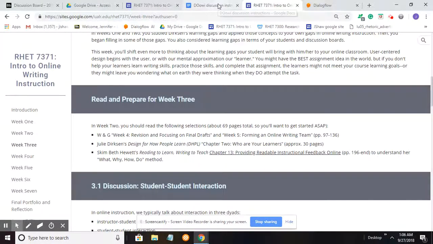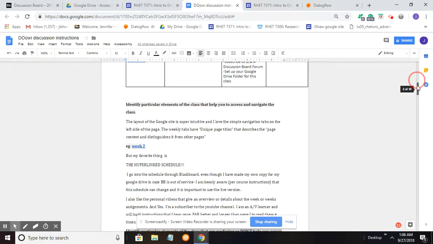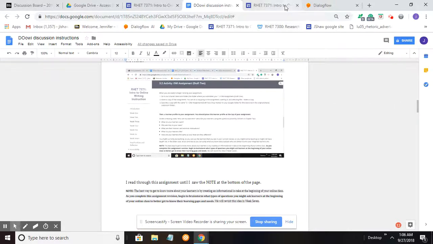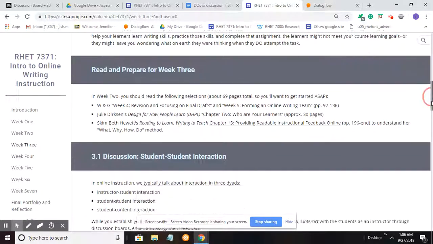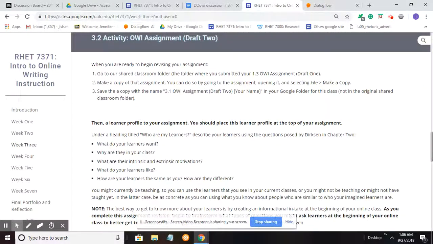The other thing I wanted to talk about was the scrolling nature of this instructional page. I get Blackboard and I get hitting the sides. But for example, on the assignments, I totally botched some of this stuff. Right here, 3-2, this activity, I started revising my work and then I thought, oh no, I should go over and check the instructions.